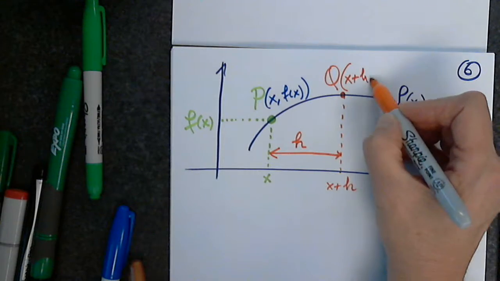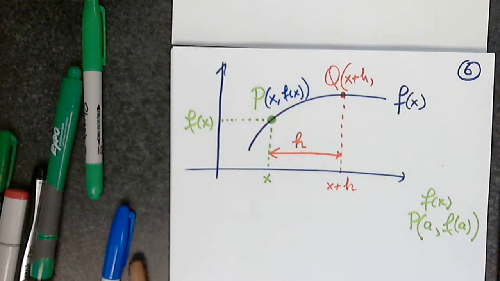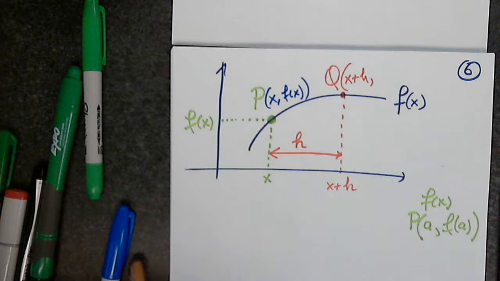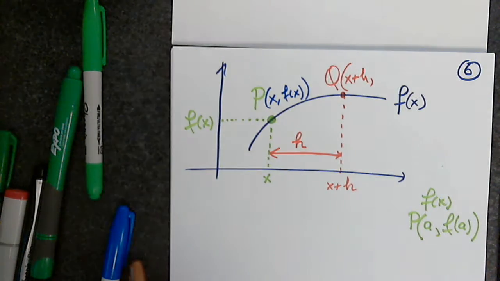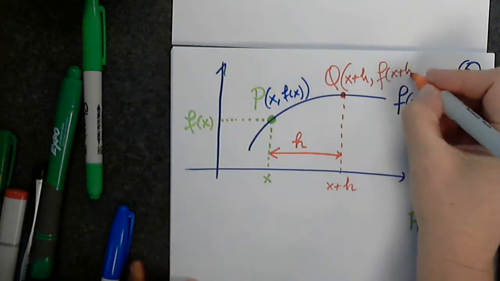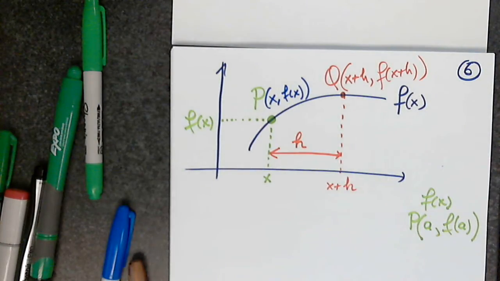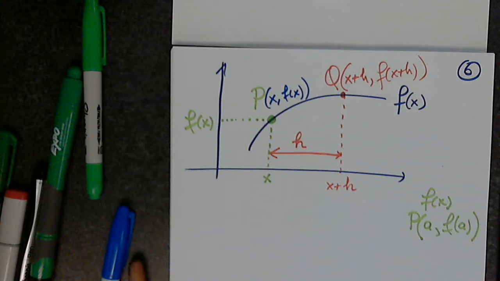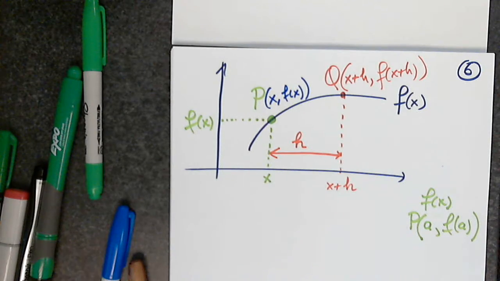Now I would like you to give me the y coordinate of Q. So your y, you have to plug in f of x plus h. Thank you. Very good. If the x coordinate is blah, the y coordinate has to be f of blah. Makes sense.